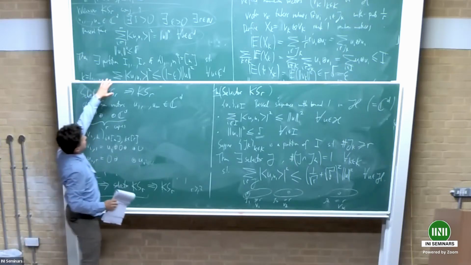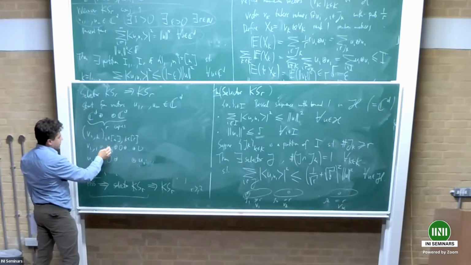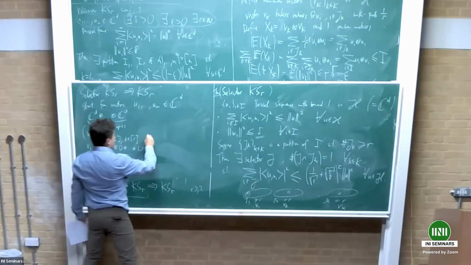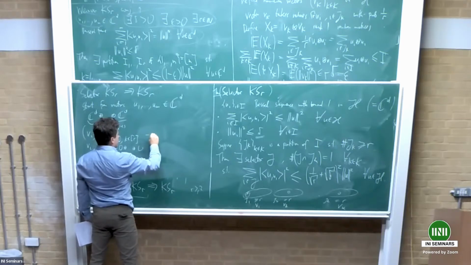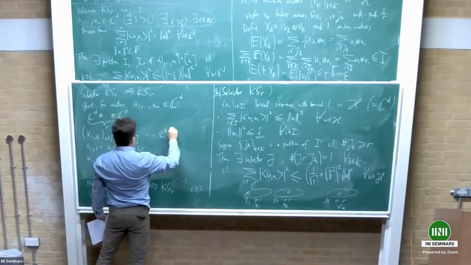Our goal is to find this partition, and we really don't know where we can put this vector UI, so we put it in all different possibilities. So now those vectors VI live in CDR.